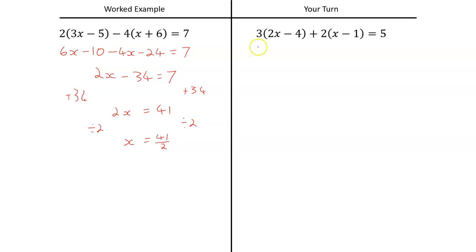So let's start by expanding. Collecting like terms, 6x plus 2x, negative 12 minus 2, really, I should be lining up for my equals sign.